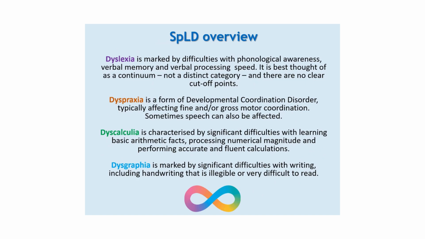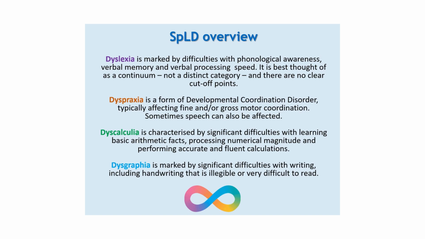SPLD Overview. Dyslexia is marked by difficulties with phonological awareness, verbal memory, and verbal processing speed. It is best thought of as a continuum, not a distinct category, and there are no clear cutoff points. Dyspraxia is a form of developmental coordination disorder, typically affecting fine and/or gross motor coordination.